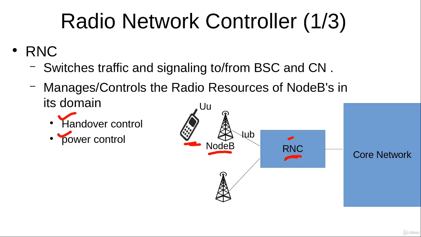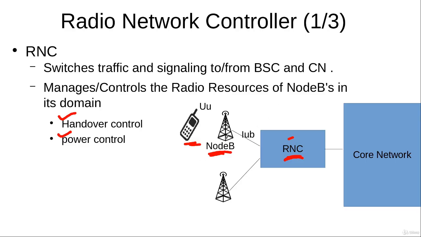And similarly, the radio network controller also instructs the node B about at what power this node B is going to transmit towards this user equipment. Obviously, if the user equipment is near, this node B needs to transmit at a lower power towards this user equipment. And if this user equipment is at the edge of the cell, then this node B needs to transmit at a higher power.